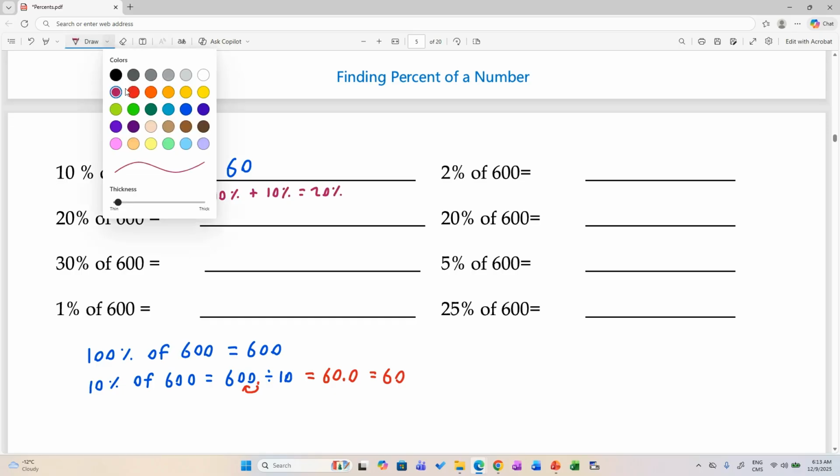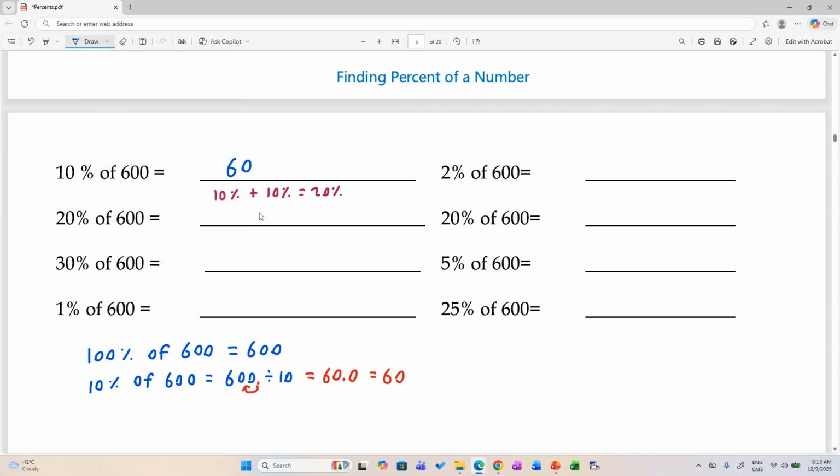So if 10% plus 10% is 20%, well, I know what 10% is. 10% of 600 is 60. So I'm simply going to add 60 together twice because 10% plus 10% is 20%. Well, 60 plus 60 is actually 120. Hence, 20% of 600 should be 120.